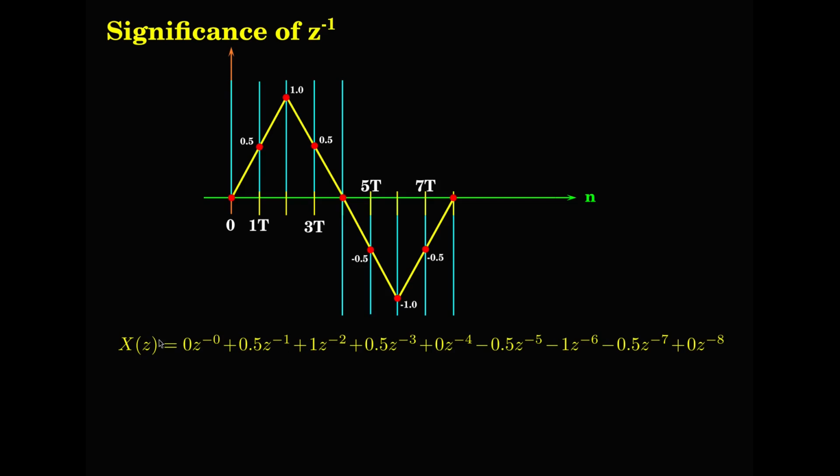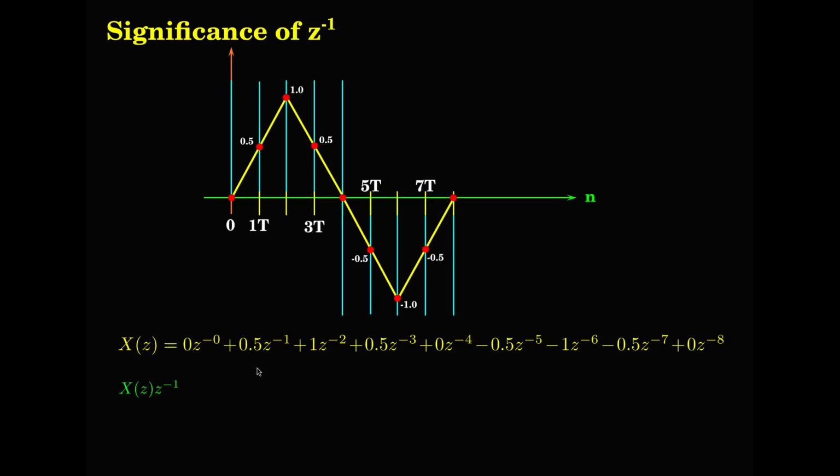Now let us say I multiply this entire equation by Z to the power of minus 1. What does it mean? So X(z) into Z to the power of minus 1 would be 0 into Z to the power of minus 1, 0.5 into Z to the power of minus 2, plus 1 into Z to the power of minus 3, plus 0.5 Z to the power of minus 4, 0 into Z to the power of minus 5, and so on, till you get 0 into Z to the power of minus 9.